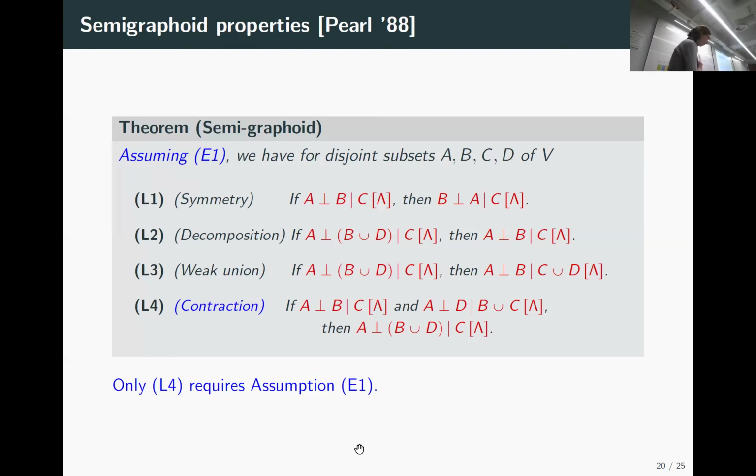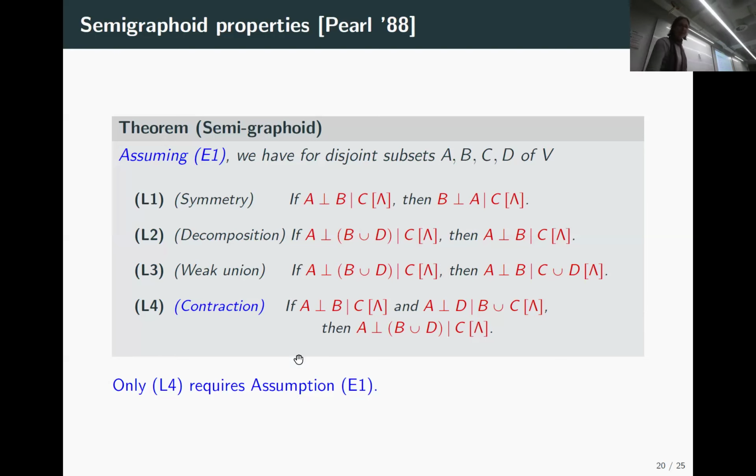One thing that people in the graphical modeling community care quite a lot about are these semi-graphoid properties, because they allow us to get a lot of things for free. Once one knows that these hold, one can easily derive relations between the different Markov properties. And one thing that we've been battling quite a lot with is the last property, the contraction property.